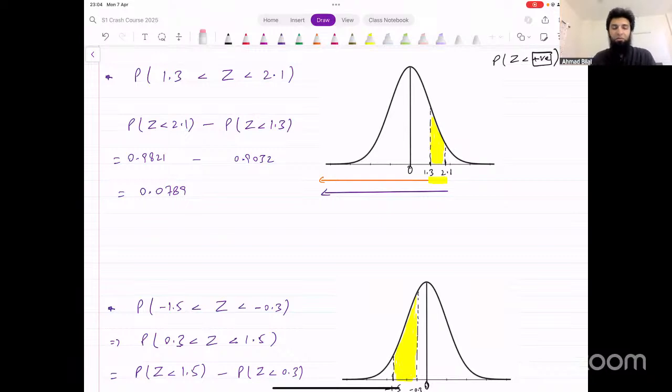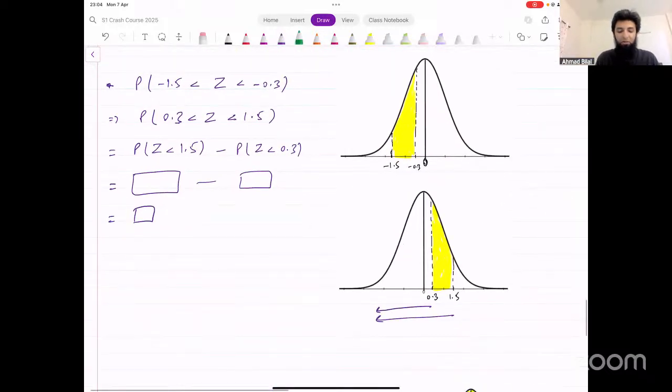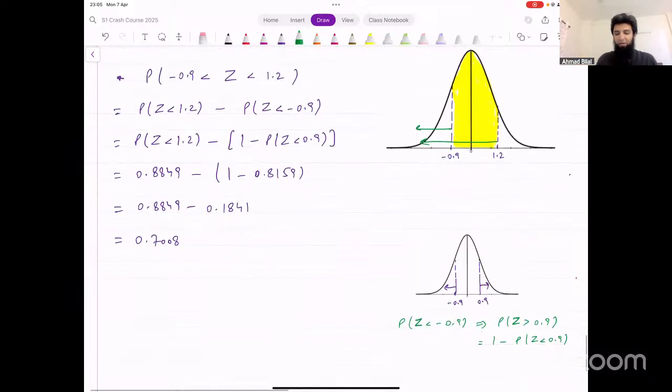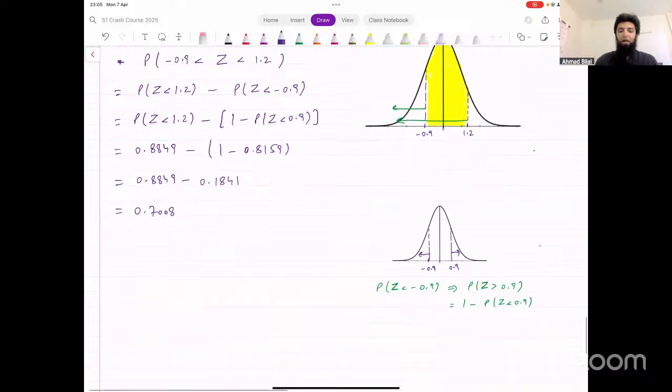That gives you the probability for that interval. If you have both negative values in an interval, you first flip them, make both positive, and then find the difference. And when you have one value negative and the other positive, it became a slightly more complicated case, and we learned how to do that as well.